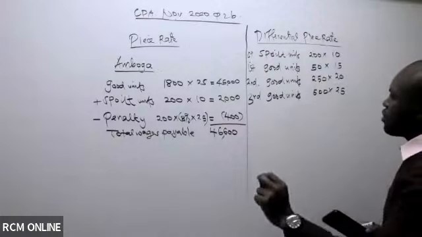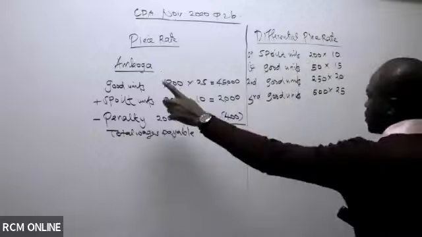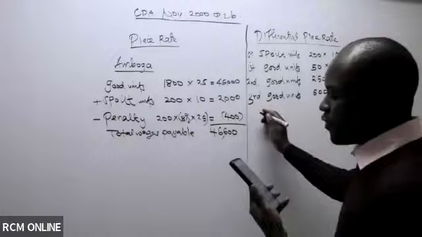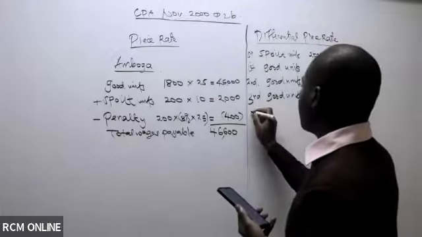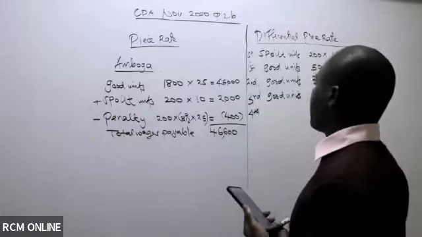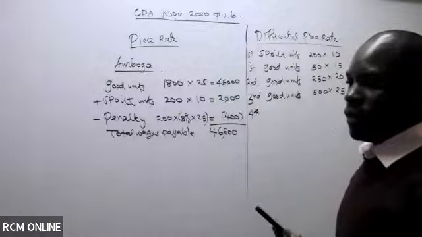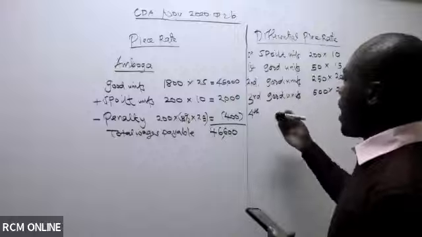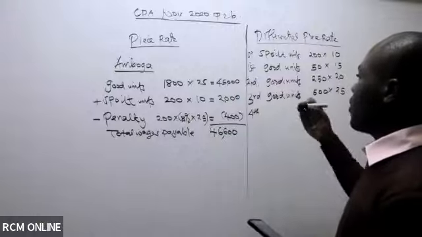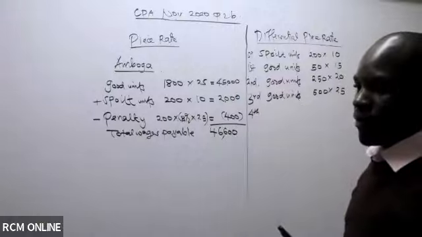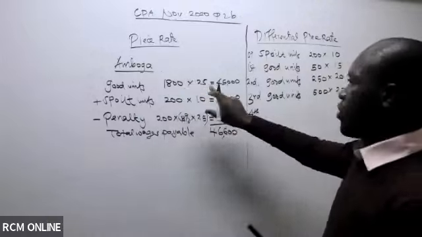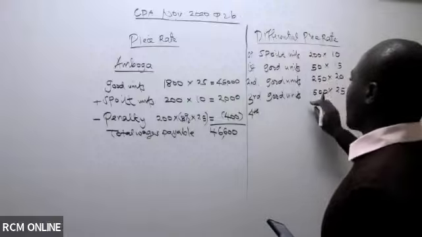What was the total number of goods produced by this person? Total number of units. If you have to move to the fourth scale, we are going to consider goods that are above 1,000. So how many units were produced that are above 1,000? He produced 2,000. We've already taken care of the first 1,000 units.